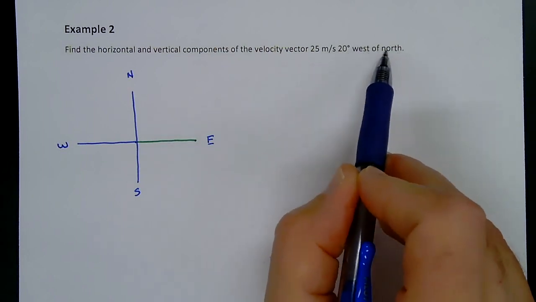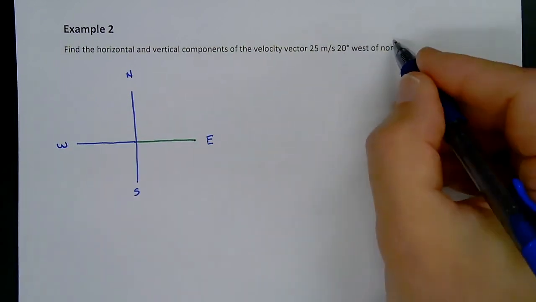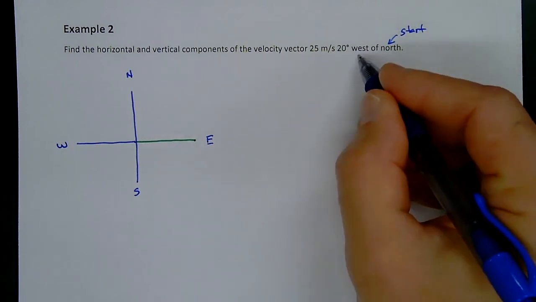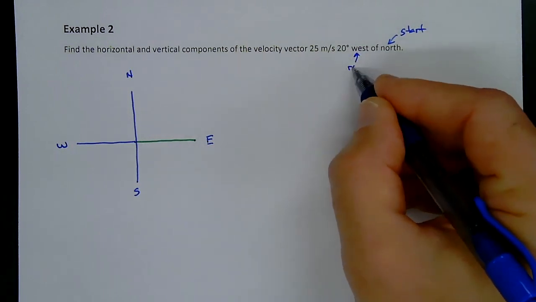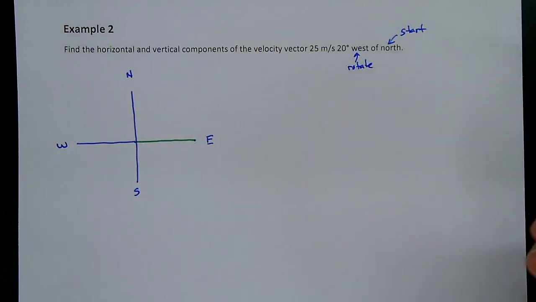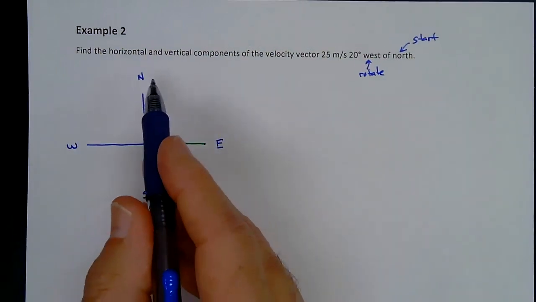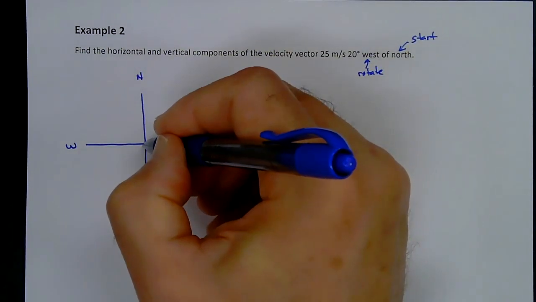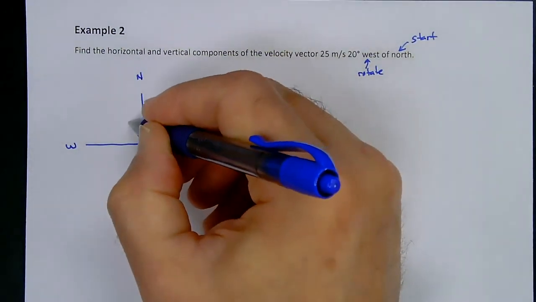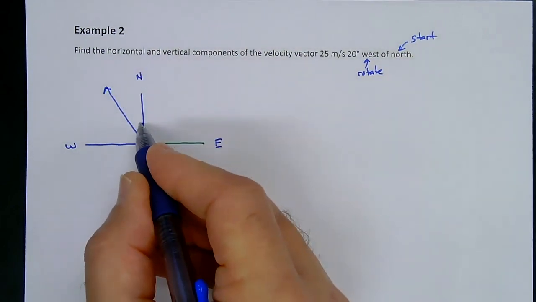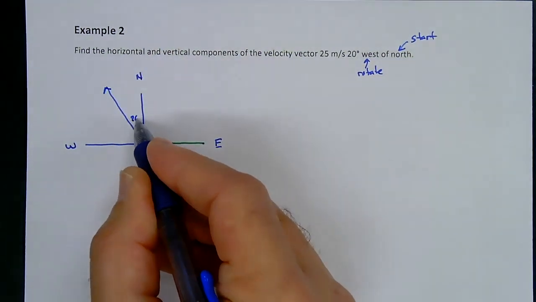So we start at the north and rotate west 20 degrees. It's going to look something like this, where this is a 20-degree angle right here.